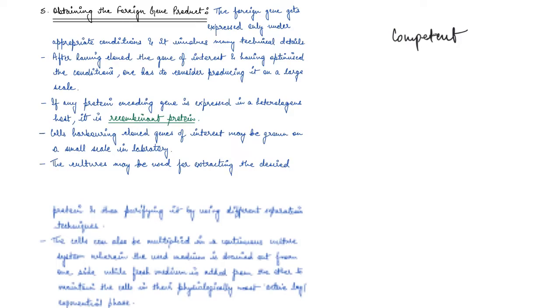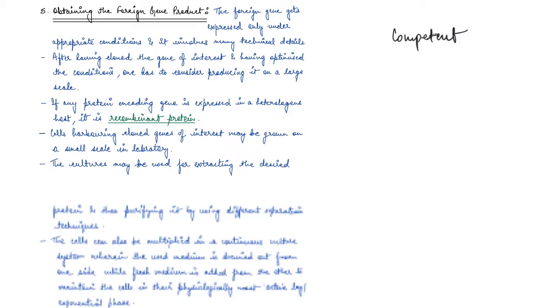So basically, after having cloned the gene of interest and after having optimized the conditions, one has to always consider producing it on a large scale. Now, if any protein encoding gene is expressed in a heterologous host, the product is known as a recombinant protein.